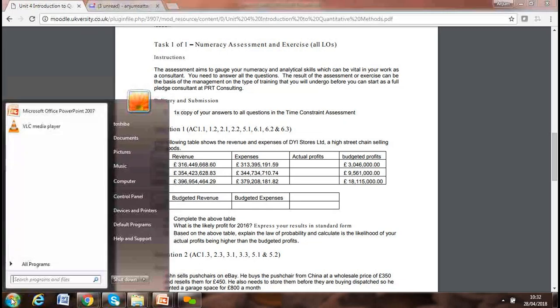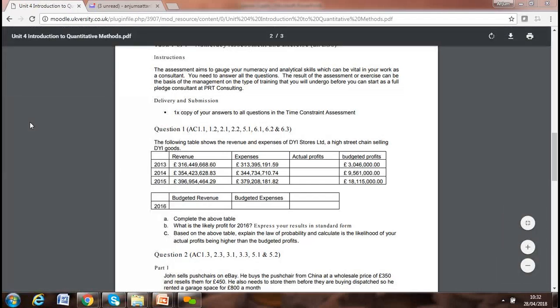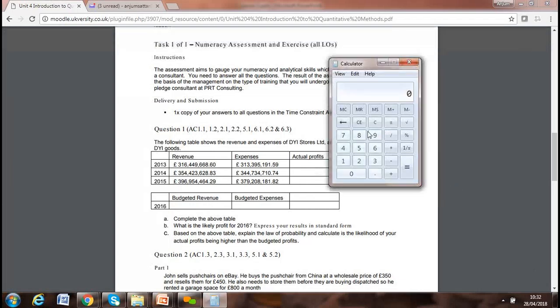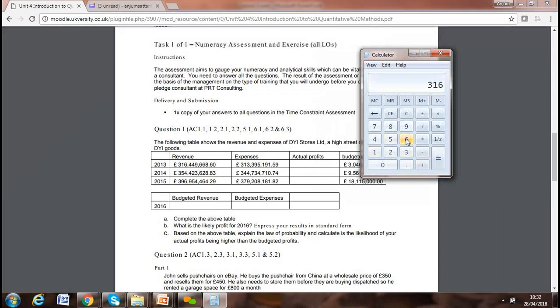So we'll use the calculator. My revenue is 316,449,668.6, and my expenses are 313,519,1.59.